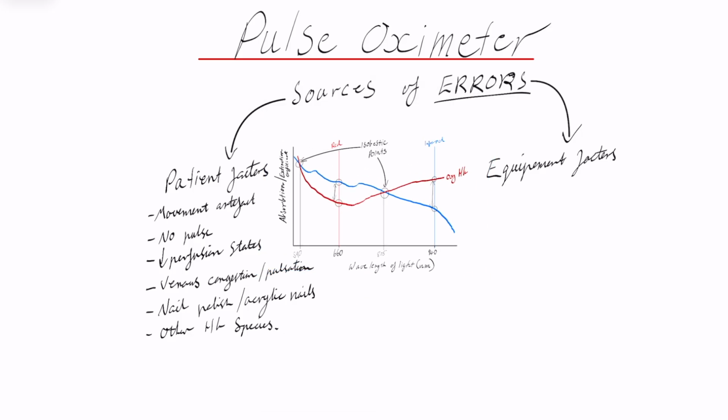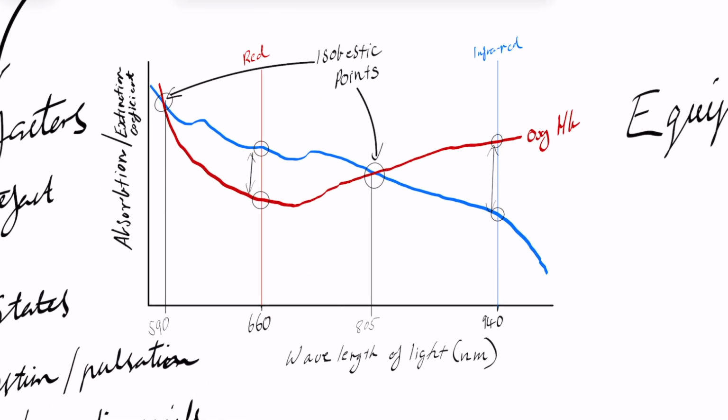Now, if we go back to our absorption to wavelength graph that we drew earlier, we can see that carboxyhemoglobin, if we draw it on here, is interesting because it actually absorbs red light more than blue light, but gives a falsely high SpO2. But one would reason it should be reading as a low SpO2 because deoxyhemoglobin also absorbs more red light than blue light.